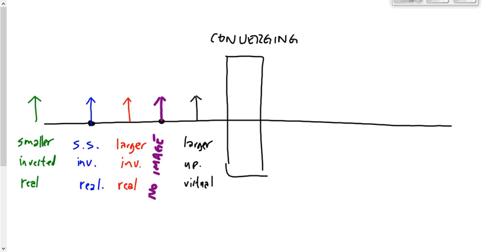Now, you don't have to memorize what I just did with you. I have this memorized, and when I was spouting that off, I remembered what the characteristics look like. You don't have to do that. You can draw the ray diagrams, but if you do choose to remember them, notice there are patterns here. It's the same for lenses as it is for mirrors, as long as it's converging.